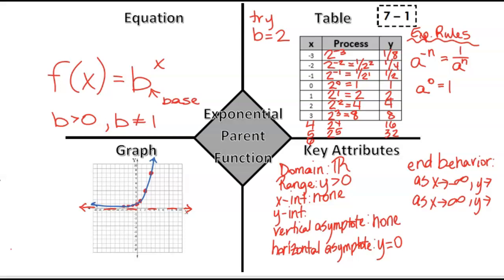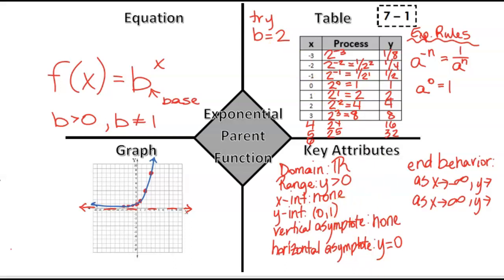Evelyn, what did you put for the y-intercept? 0, 1. Question, is it ever going to be different? If the graph is being shifted, yes. But if I'm not transforming my graph, no matter what my base is, is it going to be different? No, my y-intercept is always going to be 0, 1.